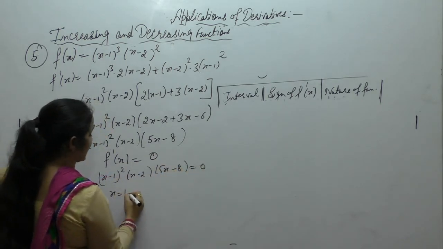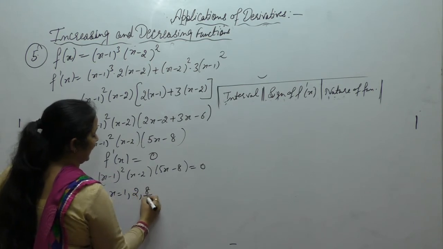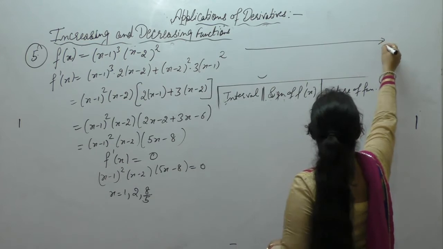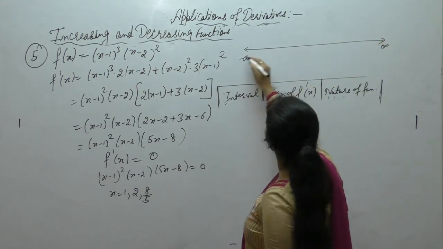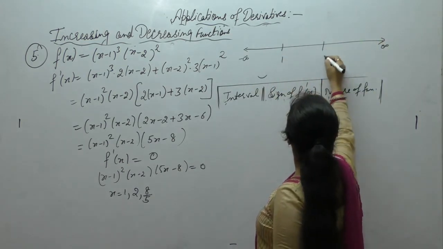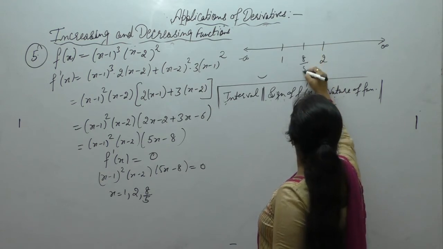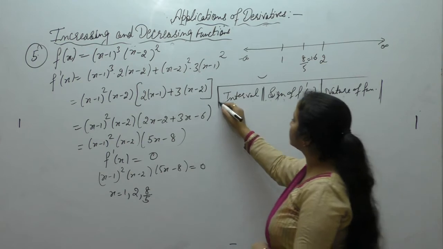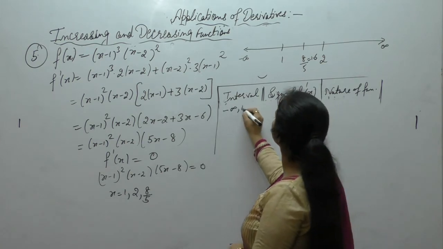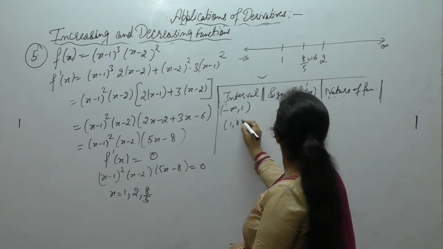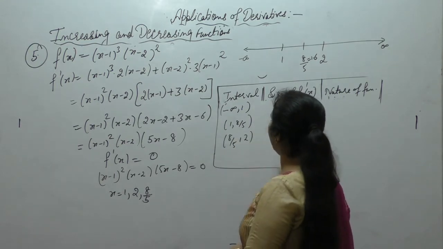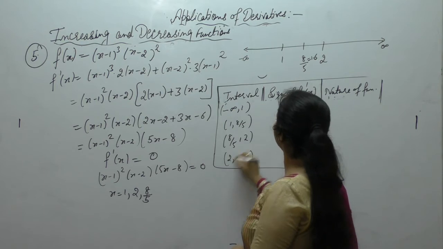So we get x as 1, 2 and 8 by 5. Draw these points on the number line. 1, 2. 8 by 5 is 1.6. Now we have to check for minus infinity to 1, 1 to 8 by 5, 8 by 5 to 2 and 2 to infinity.